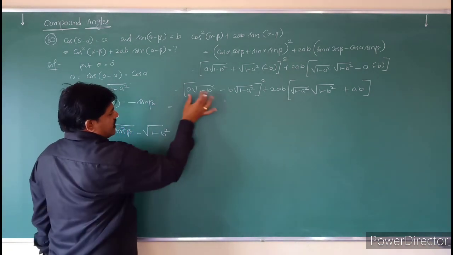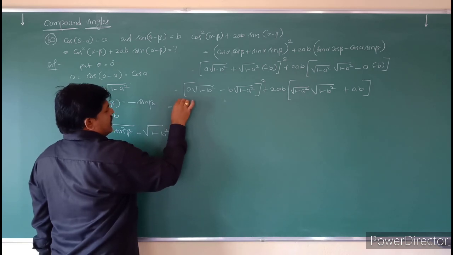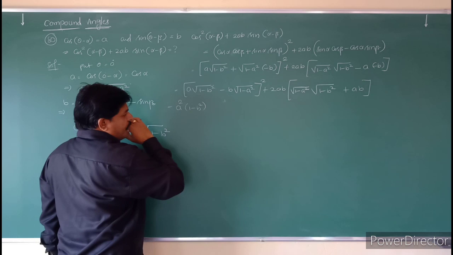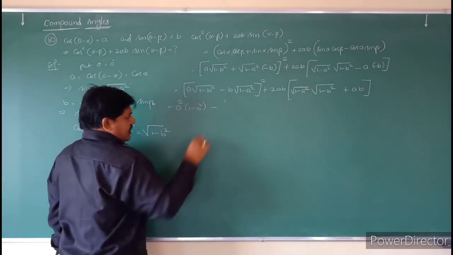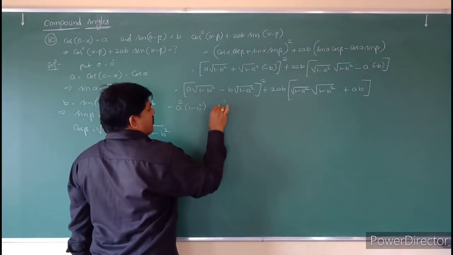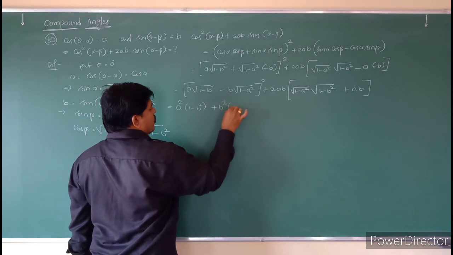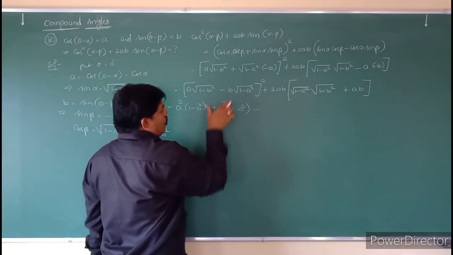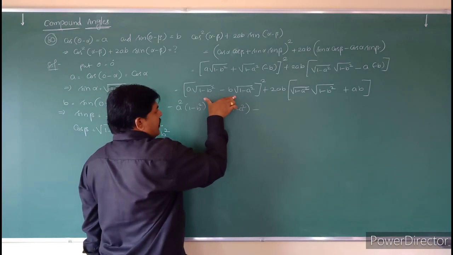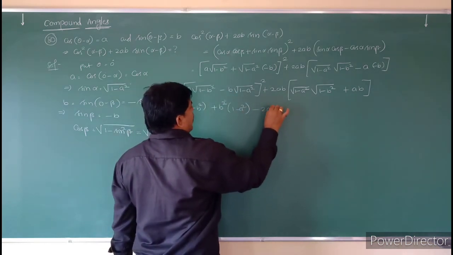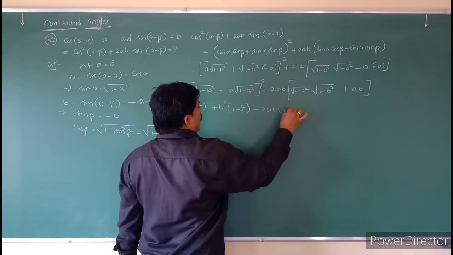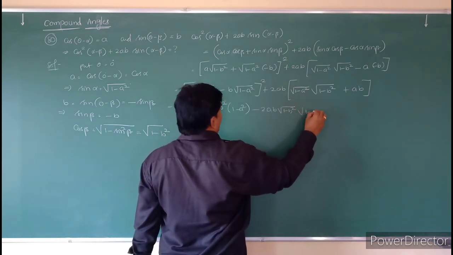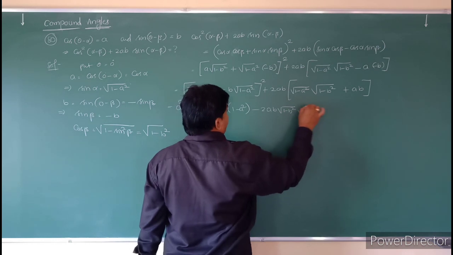So expand that: a square into (1 minus b square), plus b square into (1 minus a square), minus 2ab into root of 1 minus b square into root of 1 minus a square.